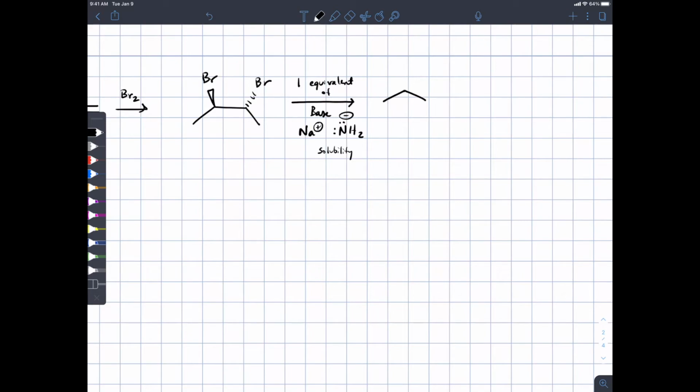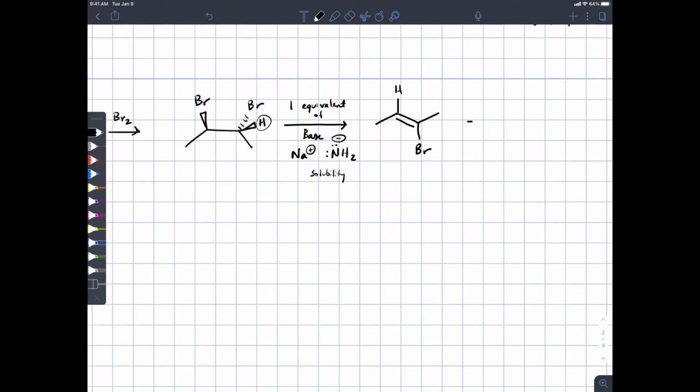Based on the stereochemistry we have here, I'm just saying let's take that beta proton first. We would get the following alkene. And is there another regio option? Sure, we could have removed the beta proton here, but I'm just showing you the major product.